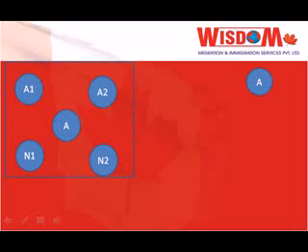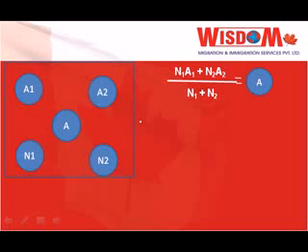So what we have is N1A1 plus N2A2, divided by N1 plus N2, is equal to A. What I'm going to do is perform some operations on this expression and see what we come up with. So N1A1 plus N2A2 is equal to A times N1 plus A times N2.